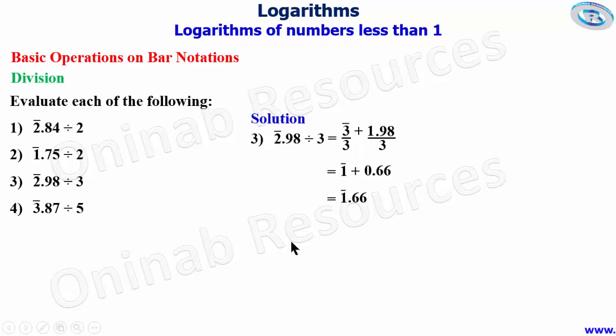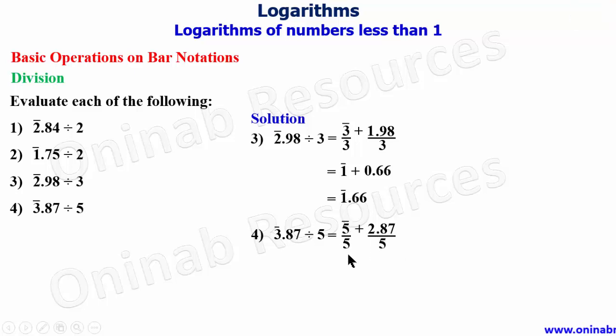Then we go to the last problem, which is bar 3.87 divided by 5. Again, this 5 is not exactly divisible by this bar 3, so we can have bar 5 exactly divisible by 5. We then add 2 to bar 5 to give us bar 3, so we have it as plus 2. Then we place the rest numbers 0.87, then divide by 5 here, divide by 5 here.